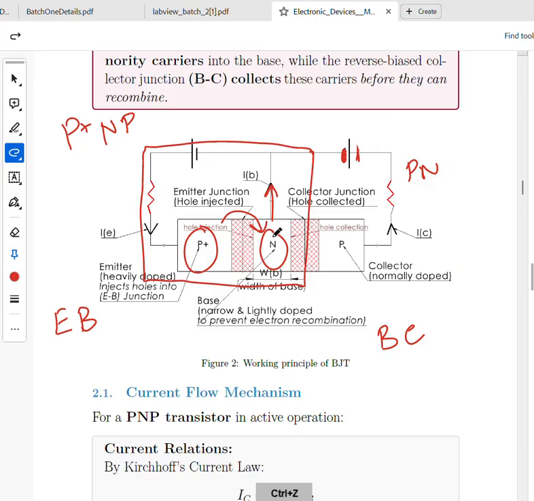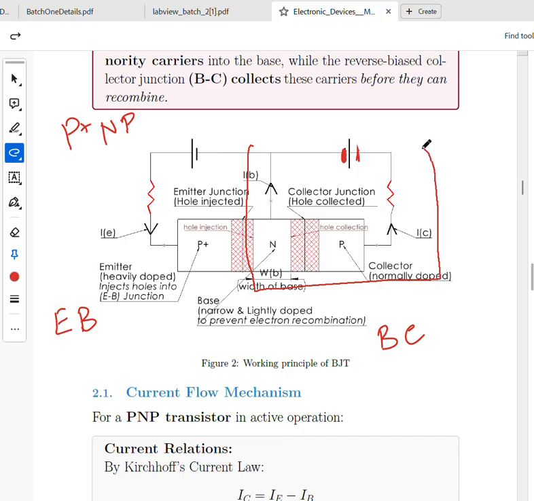In the same manner, I will consider this section. Now, when I consider this section, positive is connected to this N region and negative is connected to the P region. If the base is more positive than the collector, and the collector is more negative, obviously it will pull the holes because it's more negative.